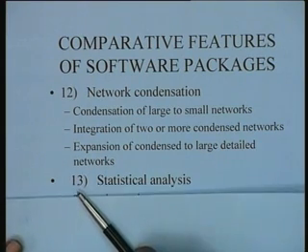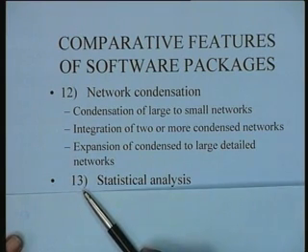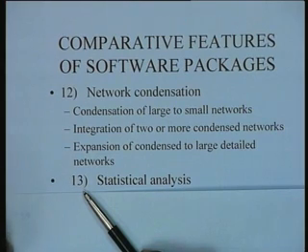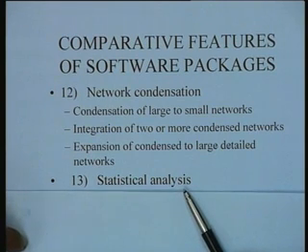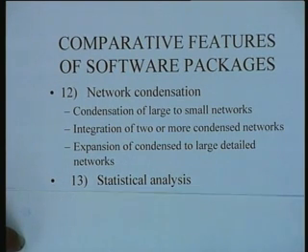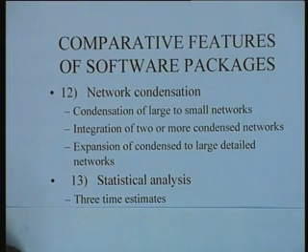The next feature which could be there in project statistical software is the ability to do statistical analysis. And typically when they talk about statistical analysis, the common thing that is done is the 3-time estimates of PERT, the normal distribution, and the probability estimates for various kinds of project completion times.